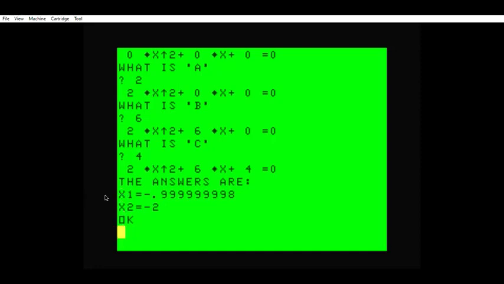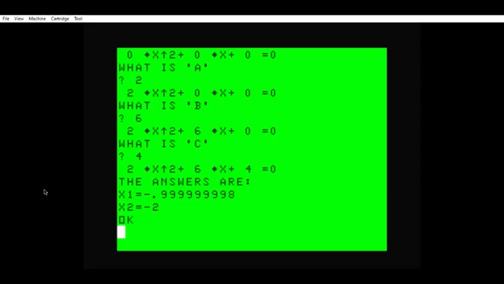And if you look back to the answers that I gave you on the whiteboard, x1 was equal to -1, and x2 was equal to -8. So that is, I must have done something wrong here.